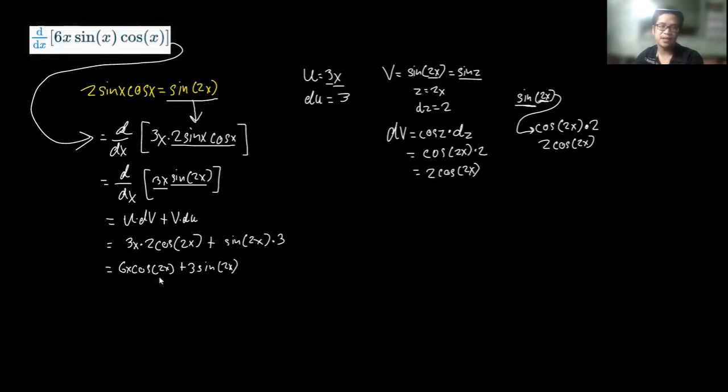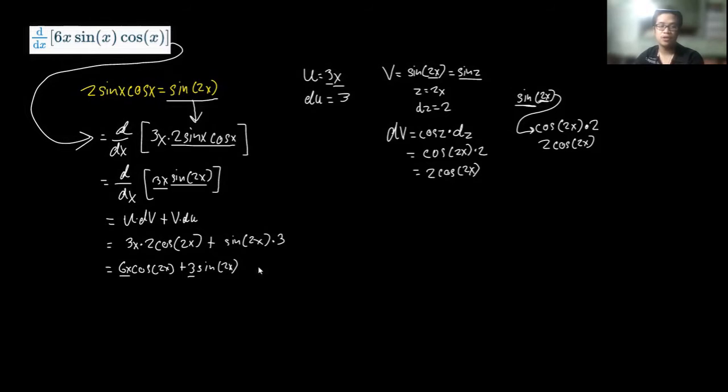But I can simplify this one. As you can see in this expression, you have two terms separated by addition, and we have 6x and 3. These two terms are both divisible by 3. If you divide 6x by 3, you'll have 2x. If you divide 3 by itself, you will have 1.